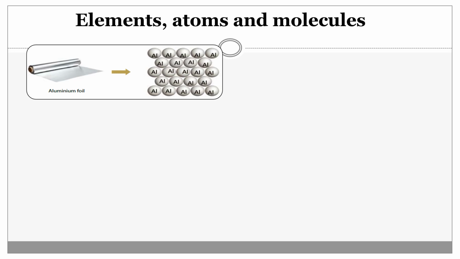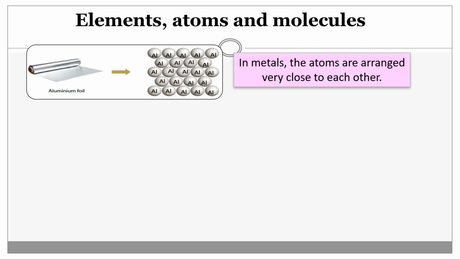From the previous lesson, you would recall that in metals, the atoms are arranged very close to each other. As you can see on the screen, in the metal aluminium, the aluminium atoms are arranged very close to each other.